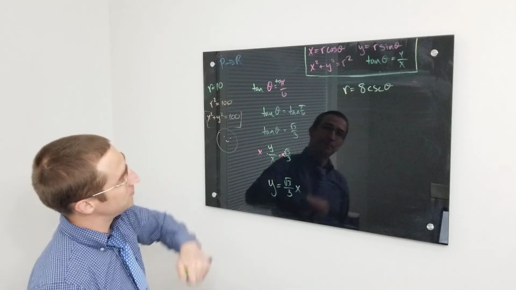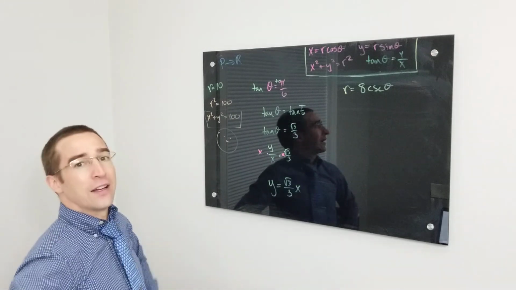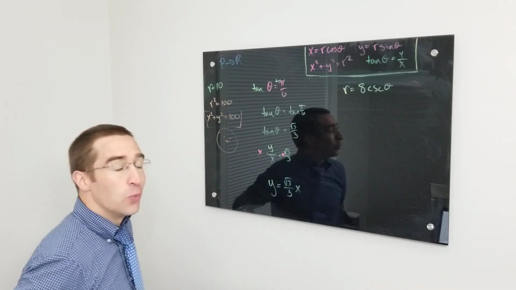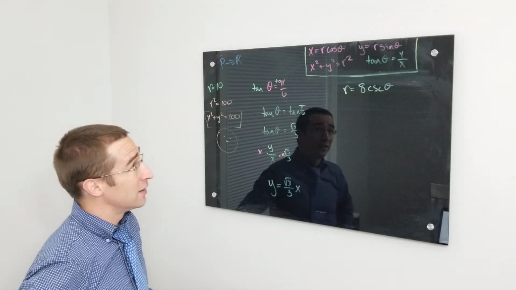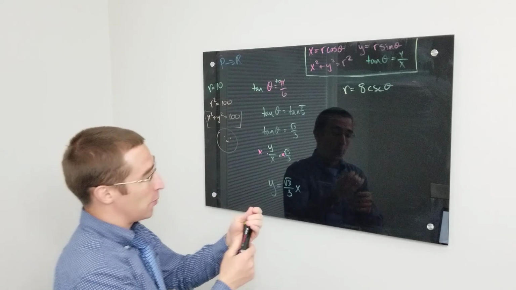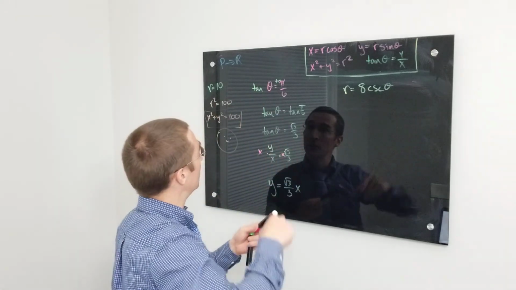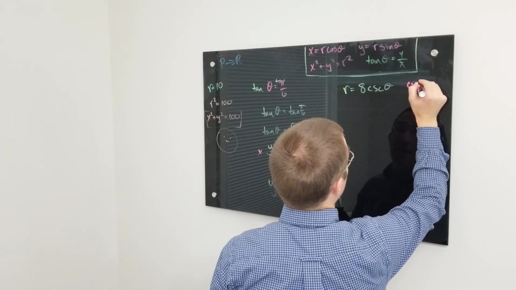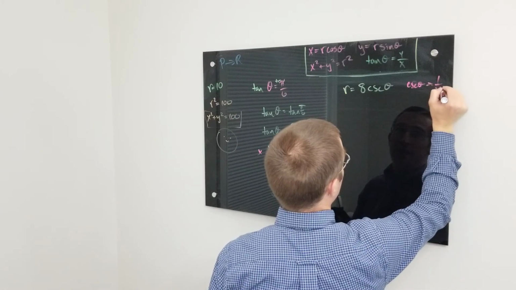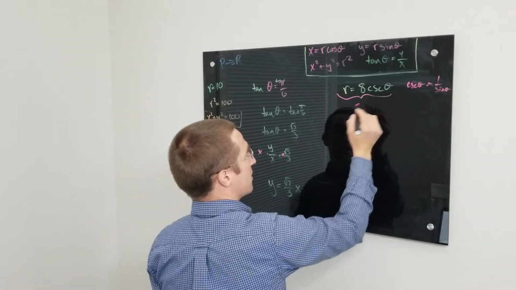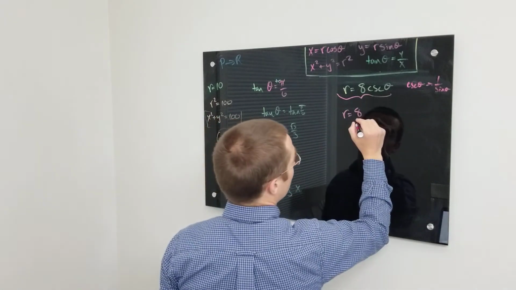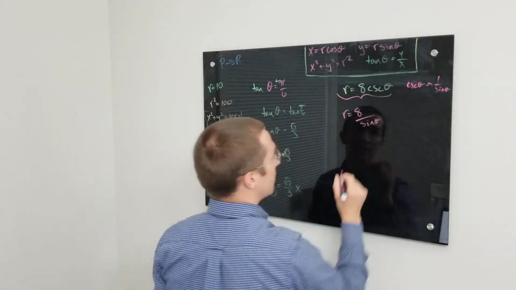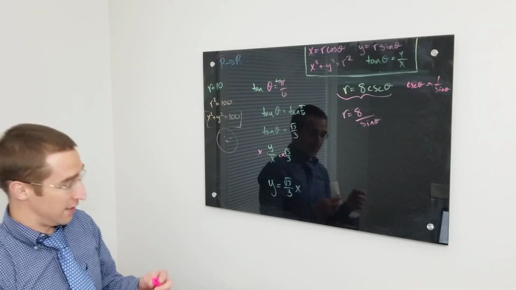Well, rats, we don't have a cosecant up there, but we do have a sine theta. Our r sine theta is y. And we remember that cosecant theta is the same as 1 over sine theta. So this is the same as saying r equals 8 over sine theta.